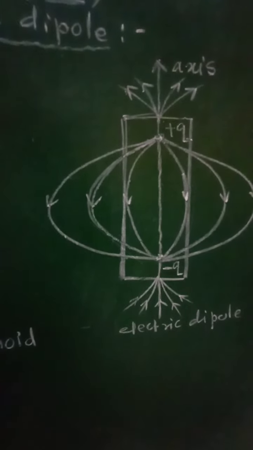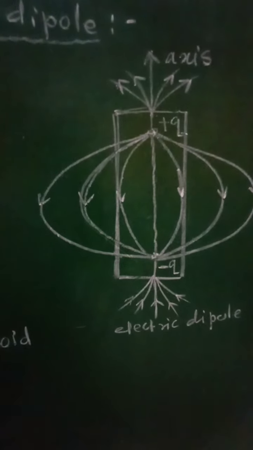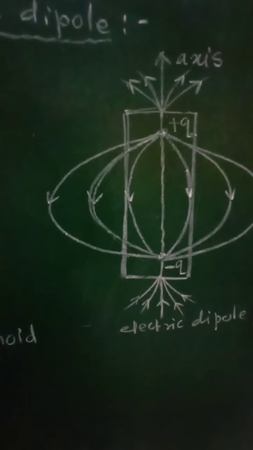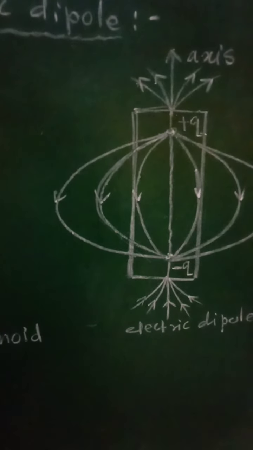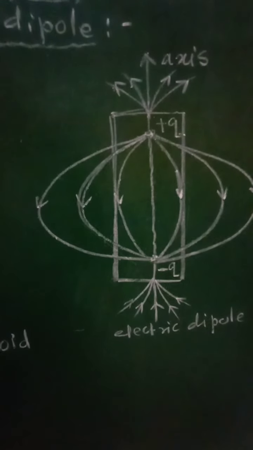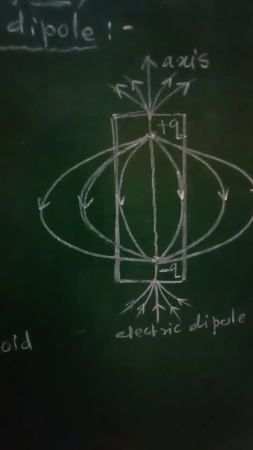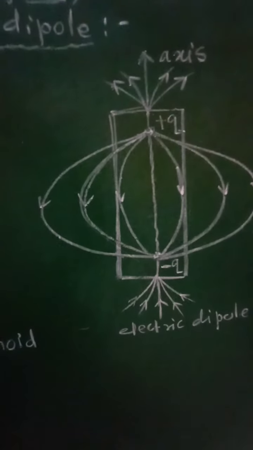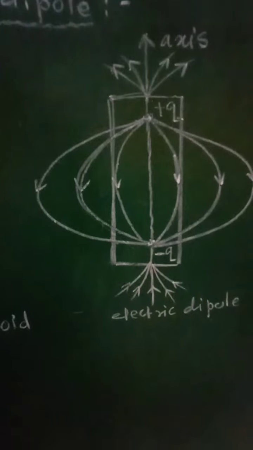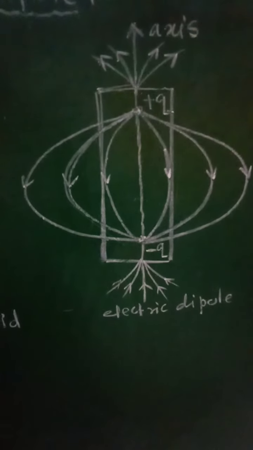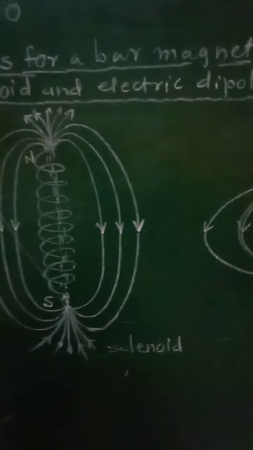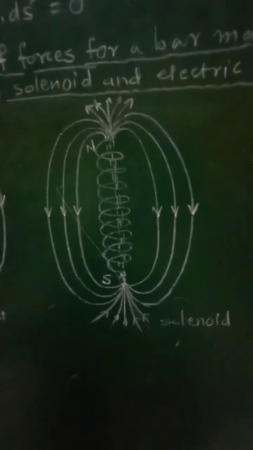Again the net magnetic flux enclosed by the Gaussian surface will be 0. So in case of electric dipole also, the net magnetic flux enclosed by the Gaussian surface will be equal to 0. So this will be regarding the magnetic lines of forces related with a bar magnet, a current carrying solenoid, and the electric dipole.